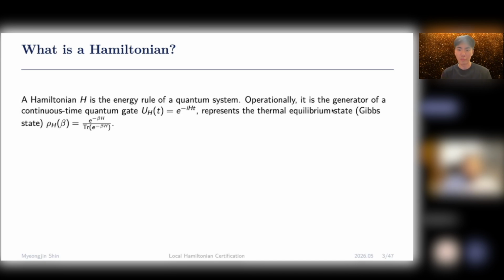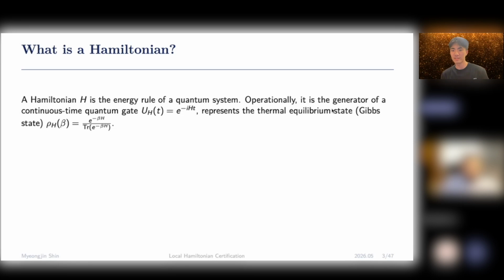In an operational sense, the Hamiltonian H is a generator of a continuous-time quantum gate, which is expressed as e to the minus iHt. We sometimes call this a time evolution operator, and we can query this time evolution operator and try to learn or certify H.